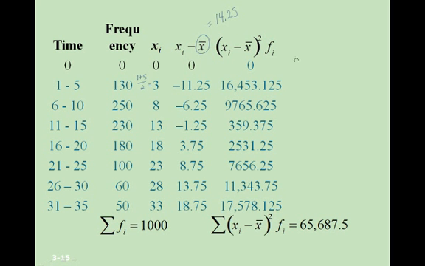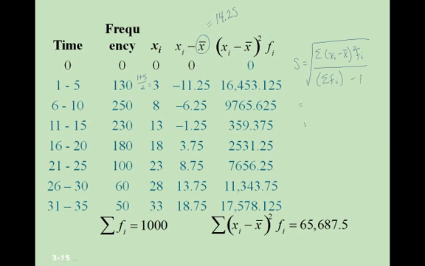So remember that the sample standard deviation was equal to the square root of the sum of our last column here, the x sub i minus the mean squared times the frequency, over the sum of the frequencies minus 1.